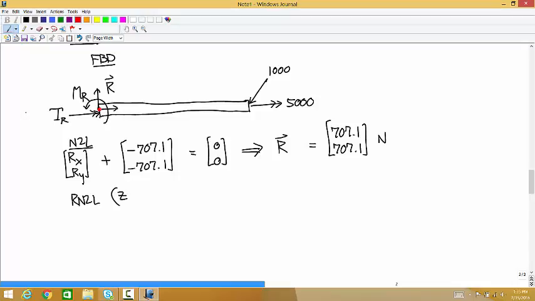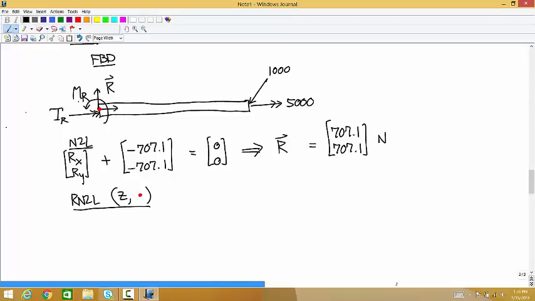I'll choose the about point here at the left end. Let's go through these and think about whether each of these loads produces a moment about the z-axis.